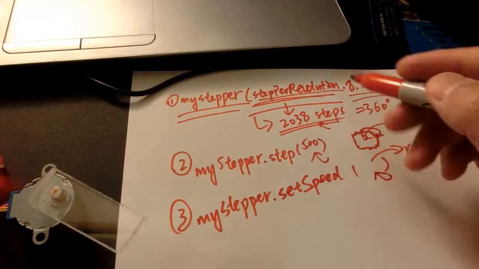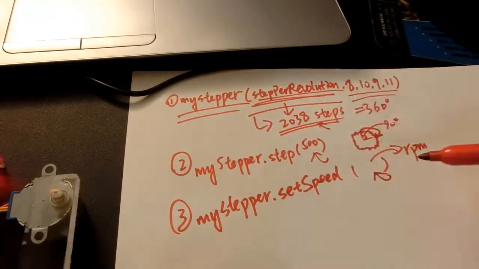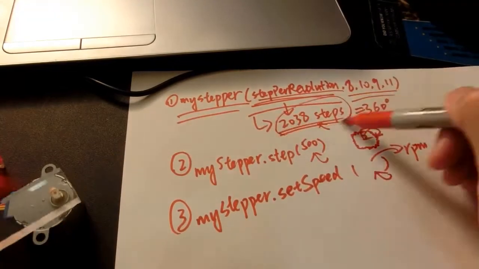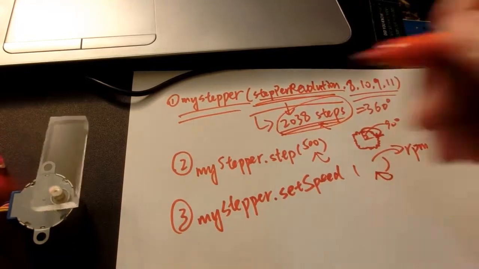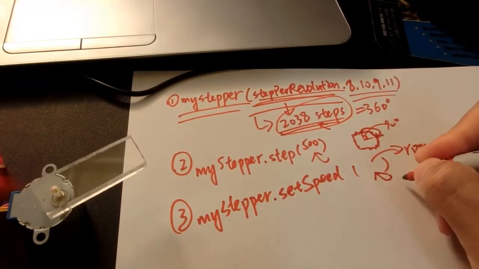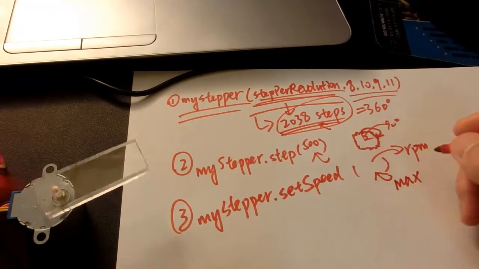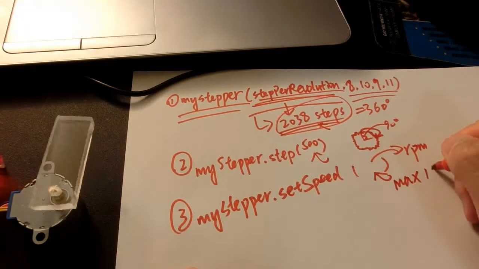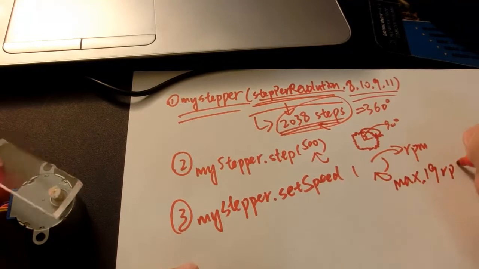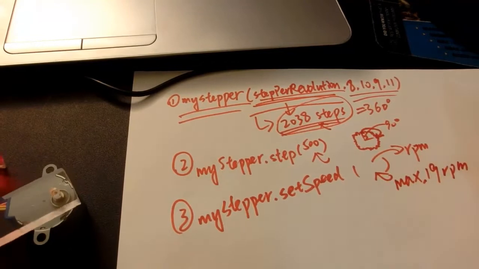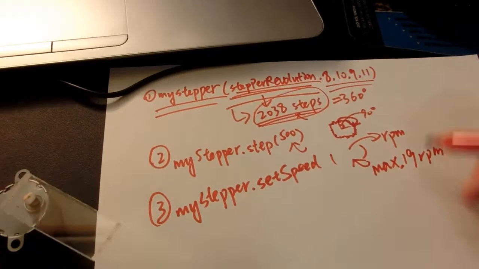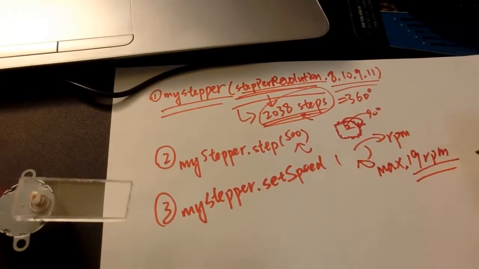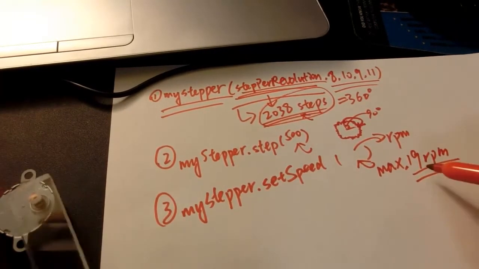For this step motor, and given this specific number of steps per revolution, I tried a few times. The maximum speed will be like 19, right? If you do 20, it's just not going to move at all. So keep this in mind. You want to use something lower than this. Do not make it larger than this.